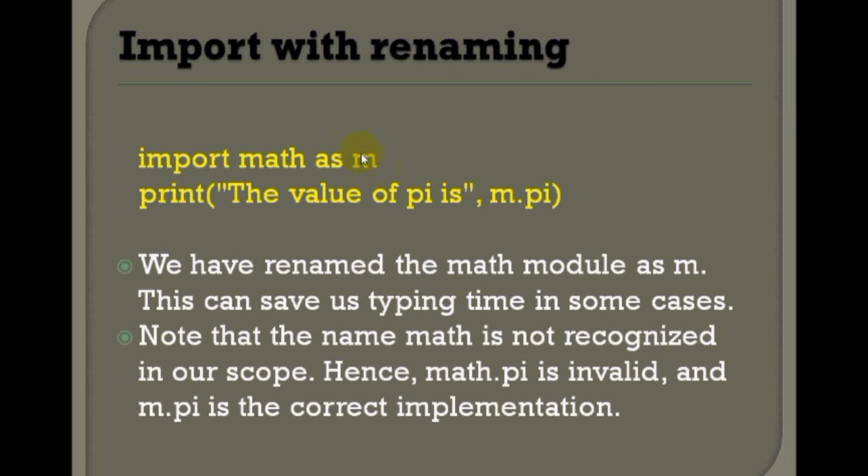Here m is the rename of the math module. If you are renaming any module, then by using the rename you can access all the properties of that module. I'm accessing pi here by using m, which is the rename of that math module.